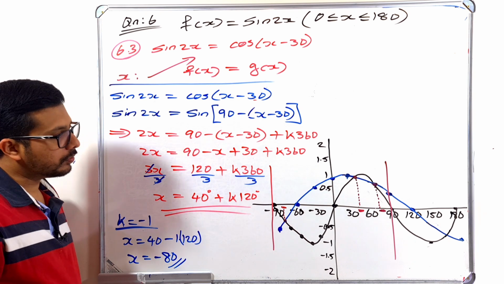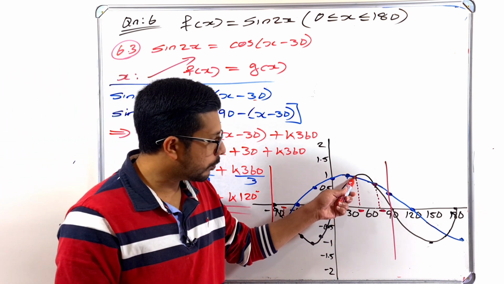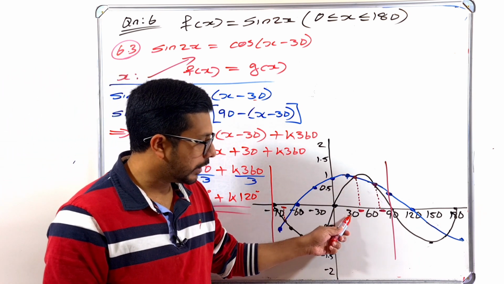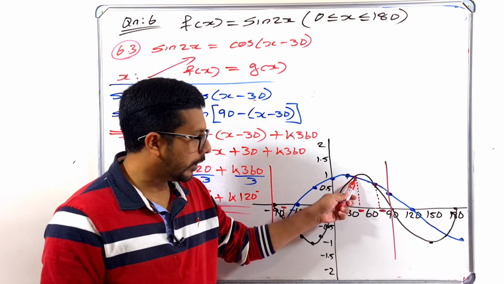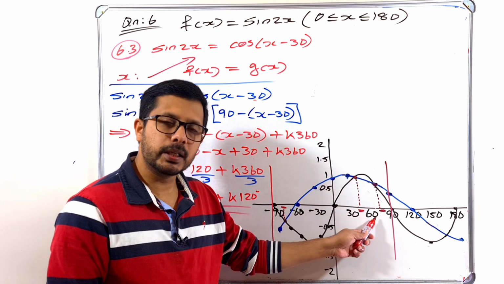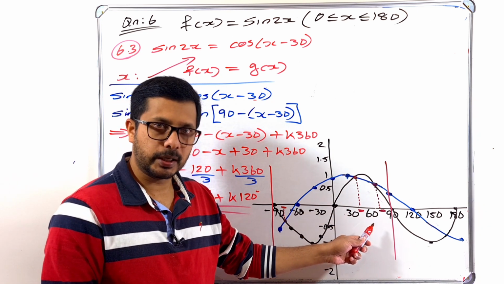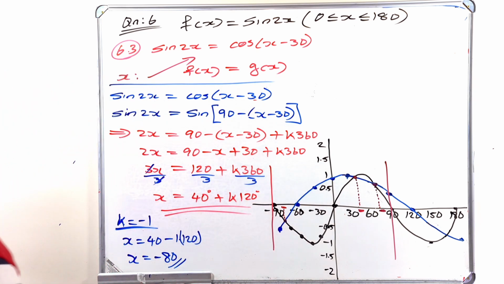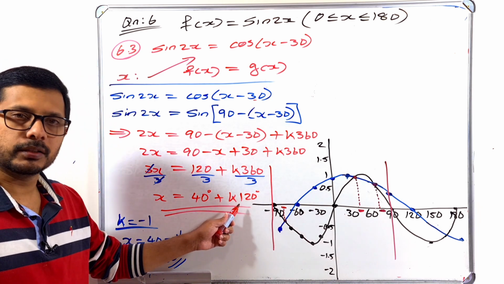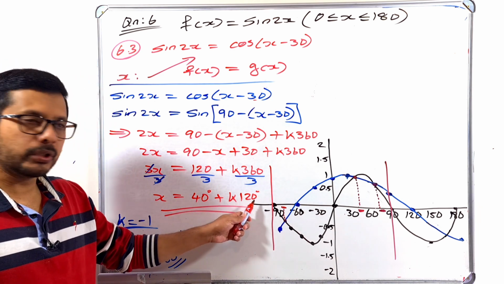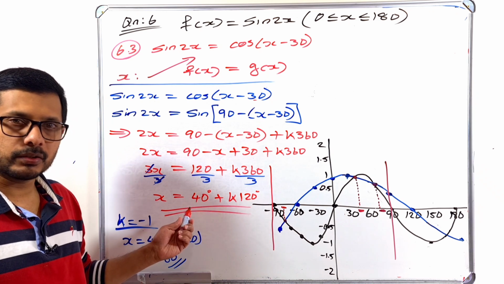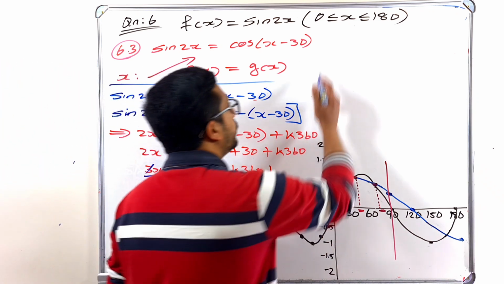Now what about this point? What is the x value? That point lies between 30 and 60. So if I substitute the value k as 0, what is that? 40 plus 0 into 120.